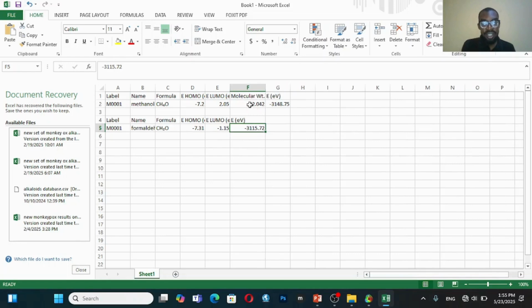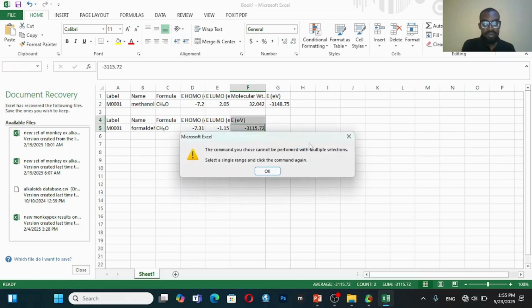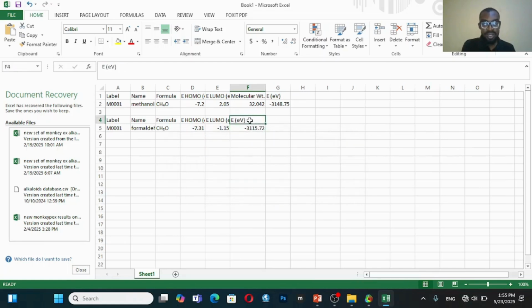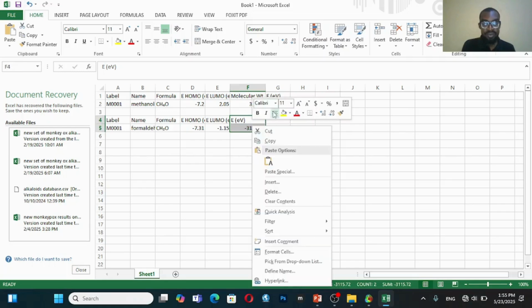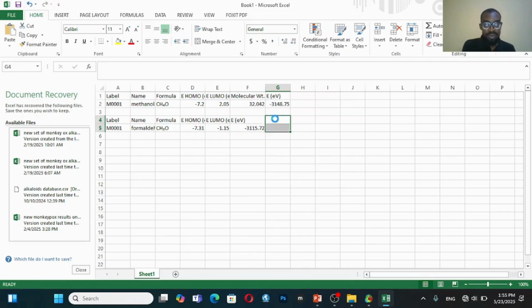And then, okay, I'll take this here. So I want this. Now, we did not extract molecular weight for formaldehyde, but we can always calculate that.